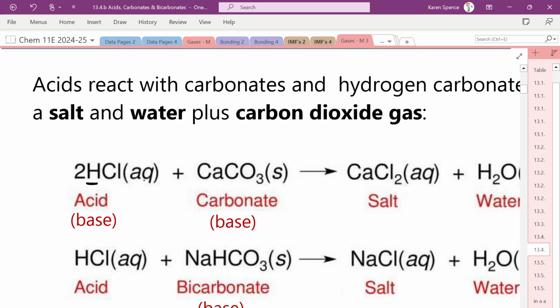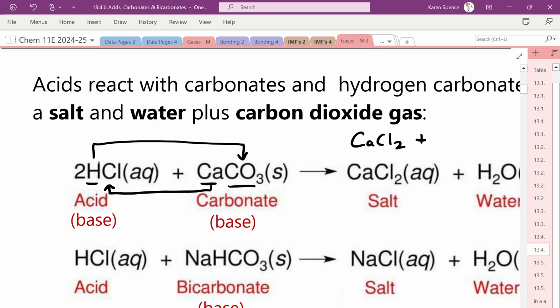The H is going to get together with the CO3, and the Ca is going to get together with the Cl, all right? Now, if we were to just do that, we would end up with CaCl2 plus, and then we would have the H and the CO3, so it would be H2CO3, yeah?